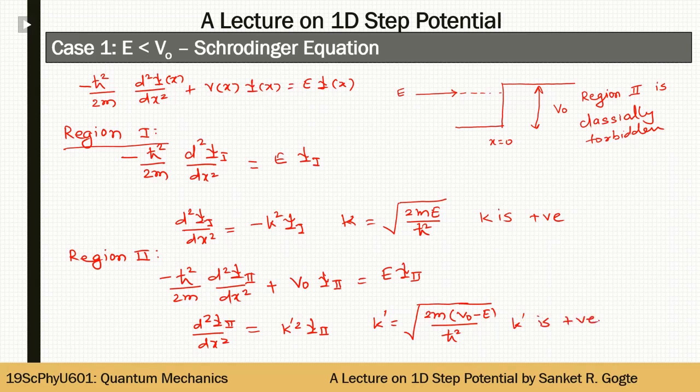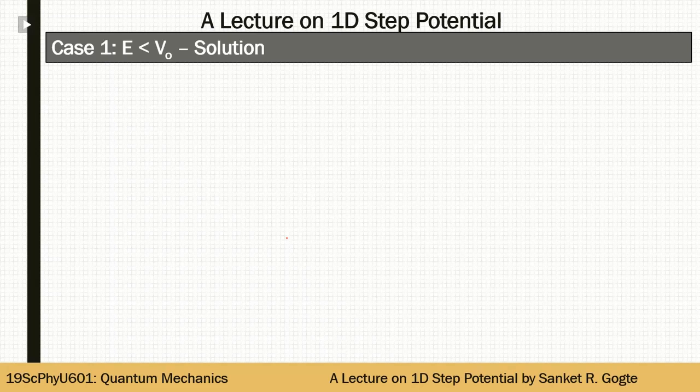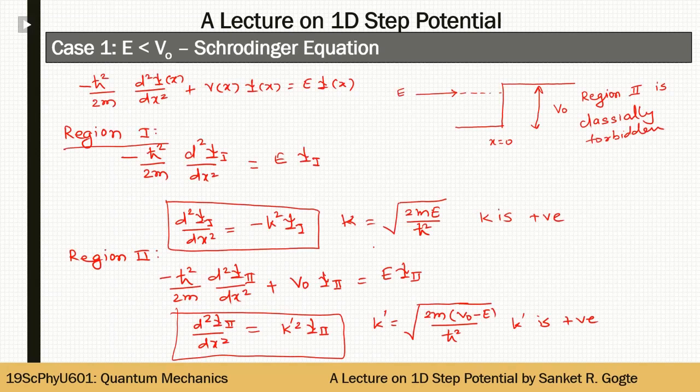For this case, of course, when E is less than V0, these are the equations, Schrodinger's equation in region 1 and in region 2 for these values of k. Now let's solve these equations. So let me start with region 1.